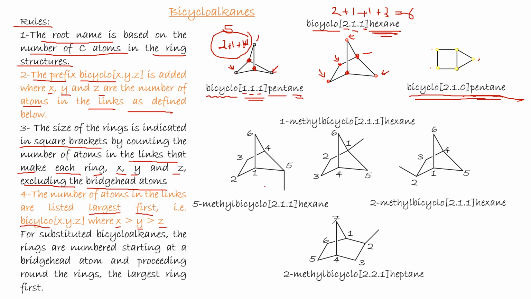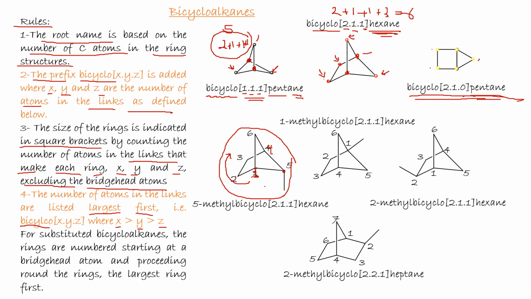Coming here to name this compound, we start with the bridgehead atoms. So we say here 1, 2, 3, 4, 5. Yes, we have to start with the largest. Okay, so it's 1, 2, 3, 4.